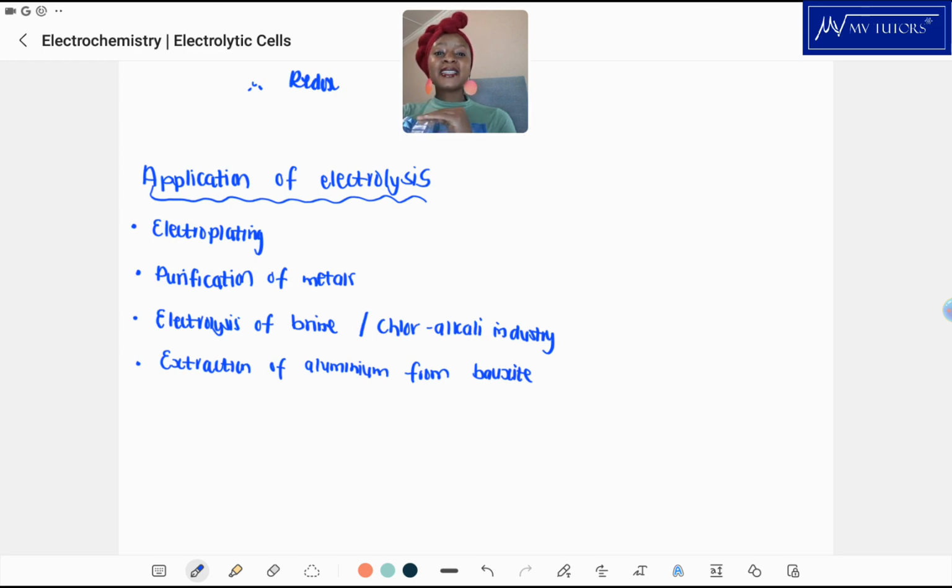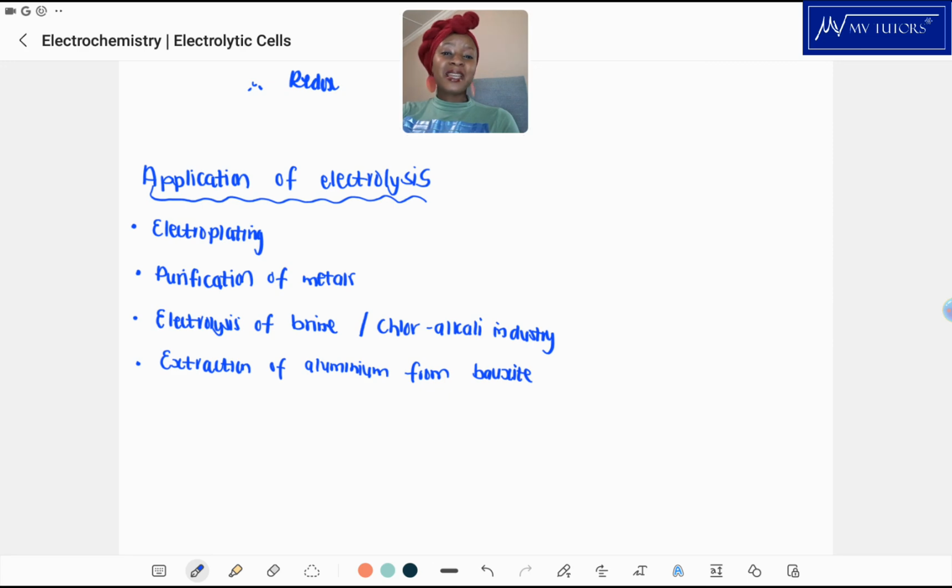As electrolysis is occurring, with the electrons going all the way to the cathode side, the gold forms at the cathode and increases in mass. On the other side, your impure gold keeps losing mass because the pure gold is moving over to the cathode.